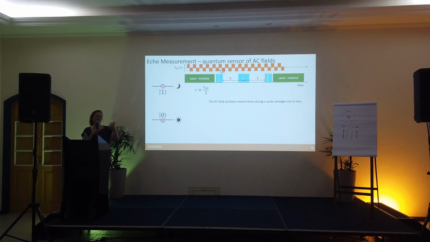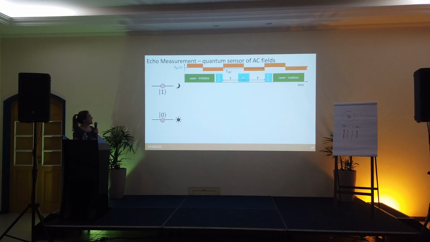As my qubit is evolving, it just sees something that on average is zero and doesn't really affect my measurement at all as well. And then I can have this very interesting regime, where I have a time varying AC field, a time varying field that changes on a time scale that is very compatible with my experiment.